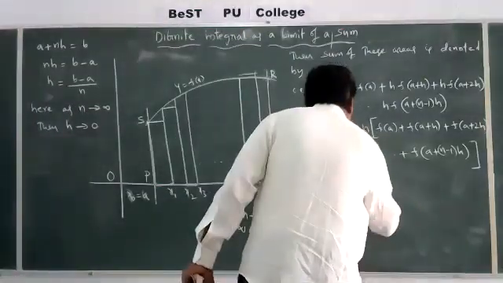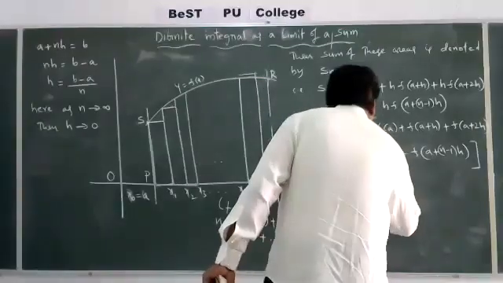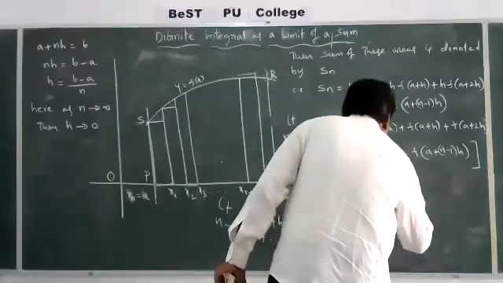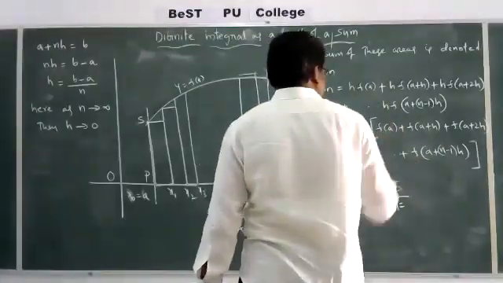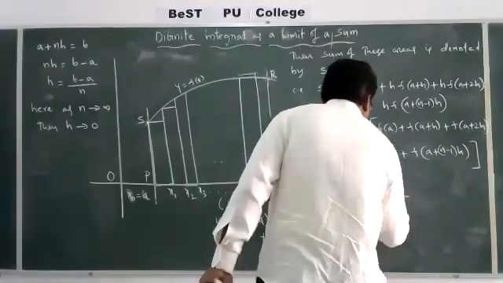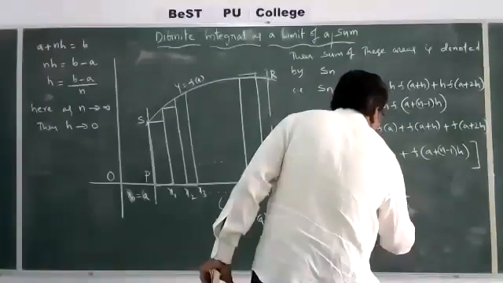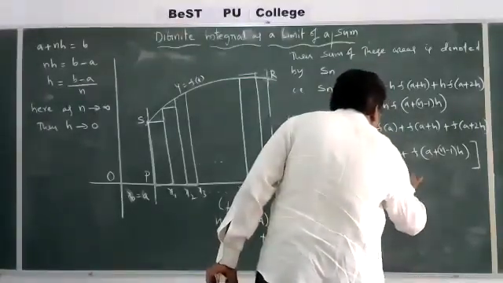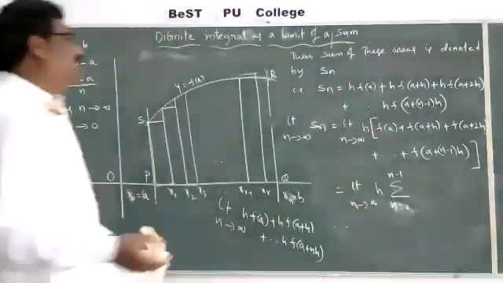that is equal to limit n tends to infinity h into sigma r is equal to 0 to n minus 1, that is r from 0 to n minus 1 terms.